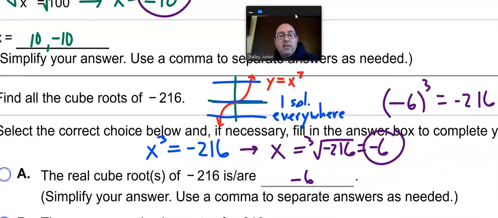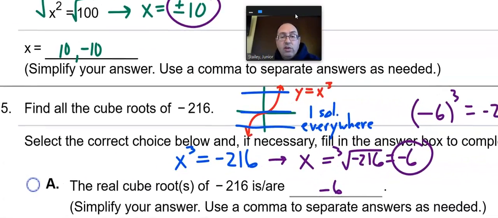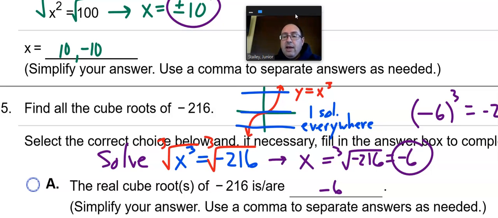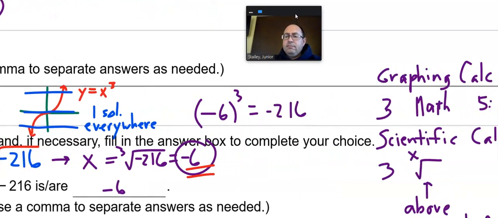So when we say find all the cube roots of negative 216, there's only going to be one answer. They could also say solve x cubed equals negative 216. Now, we would probably take the cube root of both sides, right? And that would give me negative 6 as that final answer.